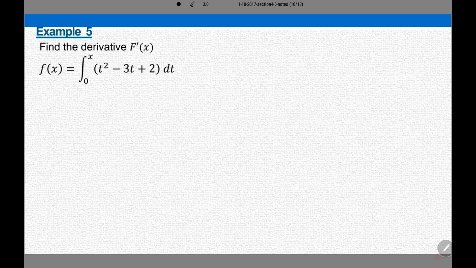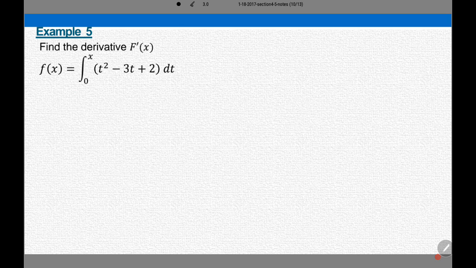In this case, we've got something that looks a lot like what the fundamental theorem part 2 looks like. We're going from 0 to x, and then I've got t squared minus 3t plus 2 with respect to t, the dt. It's a dummy variable.